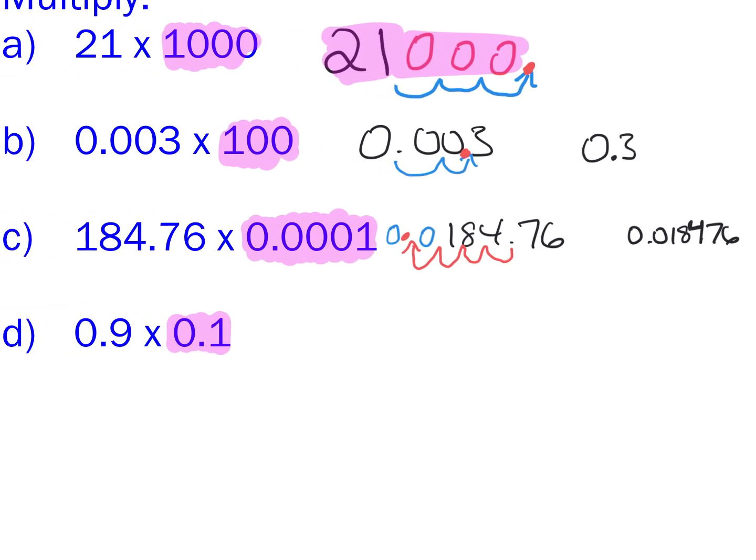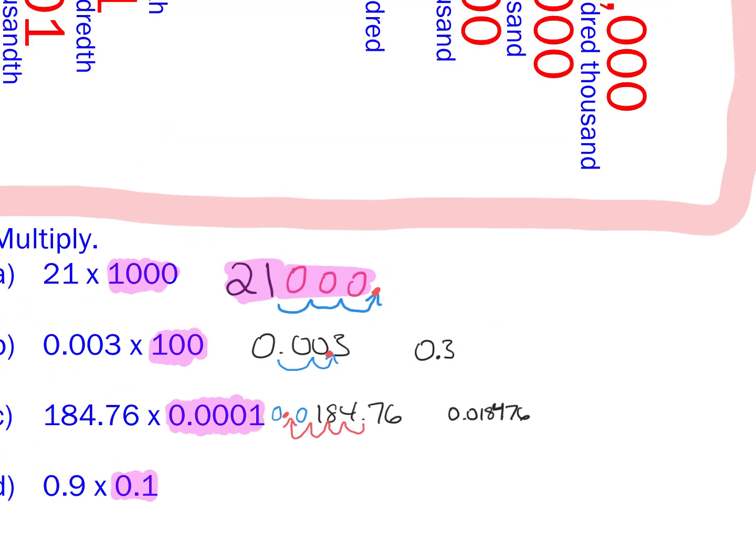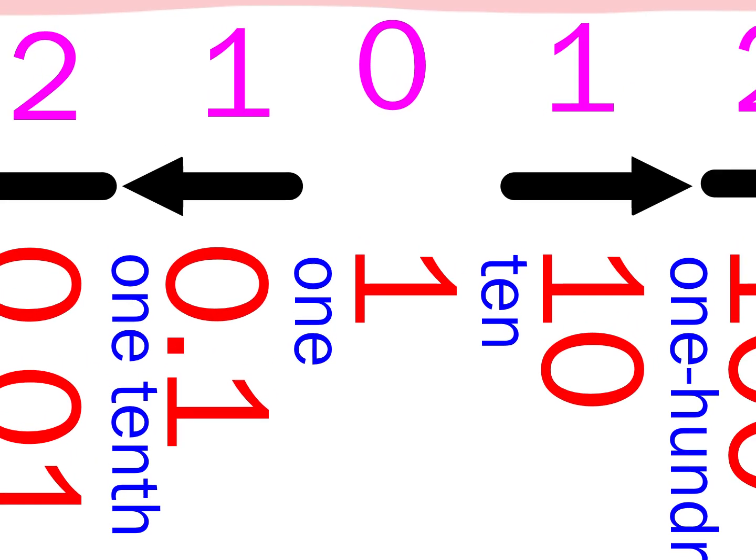And we have one last question to do, and here we're multiplying by 1/10. So if we consult our handy dandy chart up here, we see 1/10 right here, and when we multiply by 1/10, it means we're moving left 1 spot with the decimal.